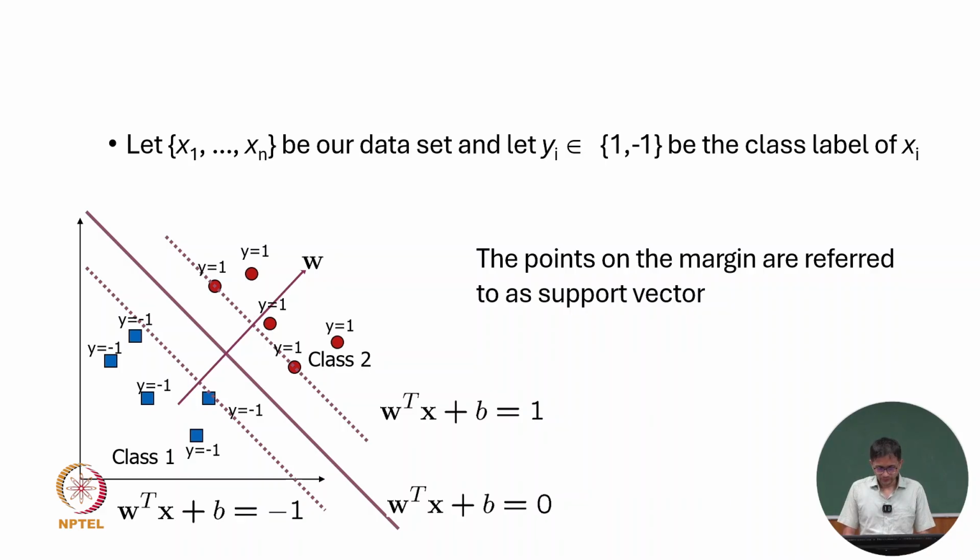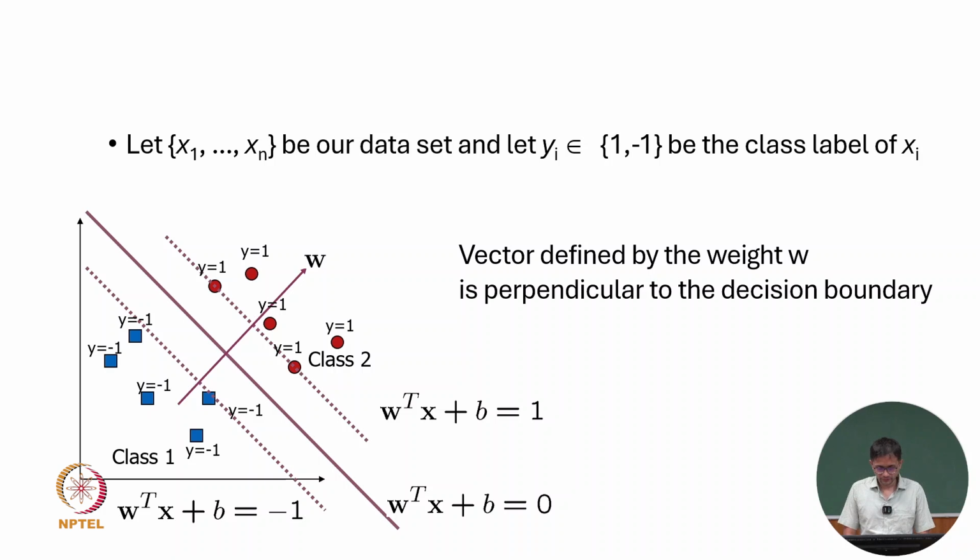Now, what we are saying is that the vector defined by the weight W is perpendicular to the decision boundary.